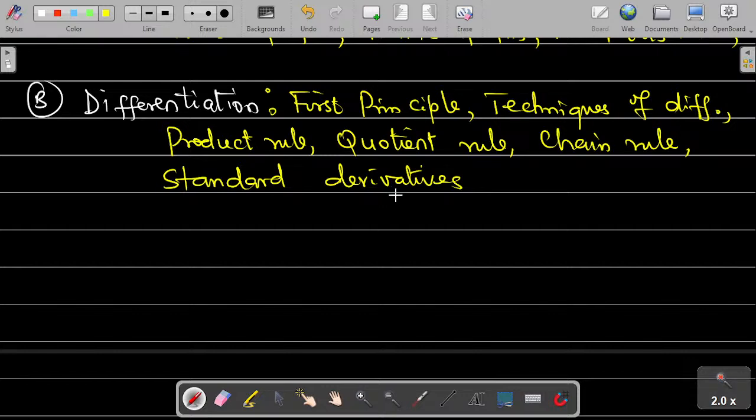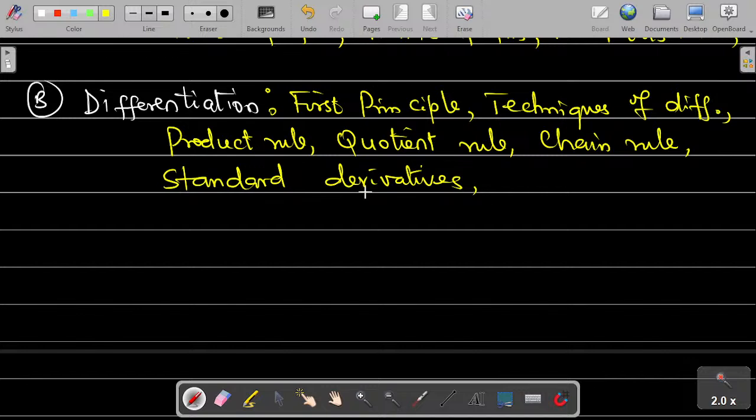So how do we differentiate polynomials? And then we come to transcendental functions such as the trigonometric functions: how to differentiate sine, cosine, tangent, and then other inverse functions, and also how to differentiate the exponential functions, the logarithmic functions, and so on. So we'll see all of that under standard derivatives.